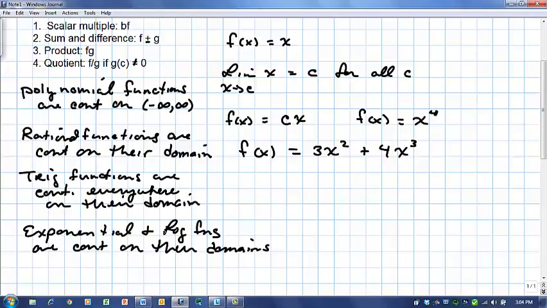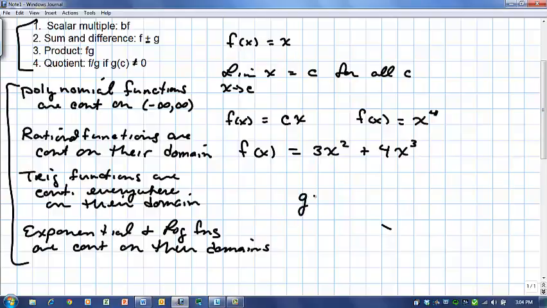Okay? So now, if we take the fact that we're using these four properties to show basically that these types of functions are always continuous, then we can look at some combinations of functions.